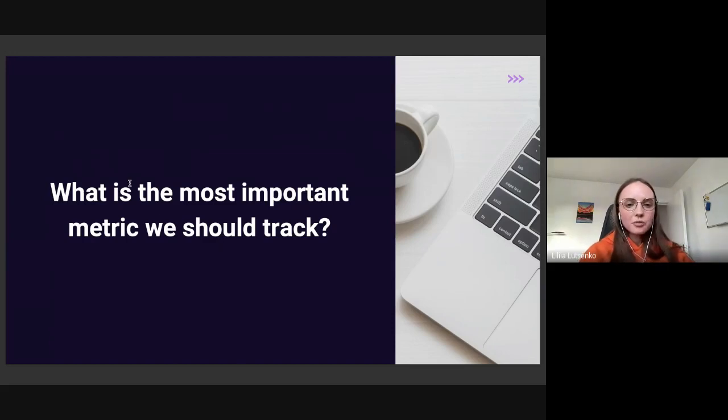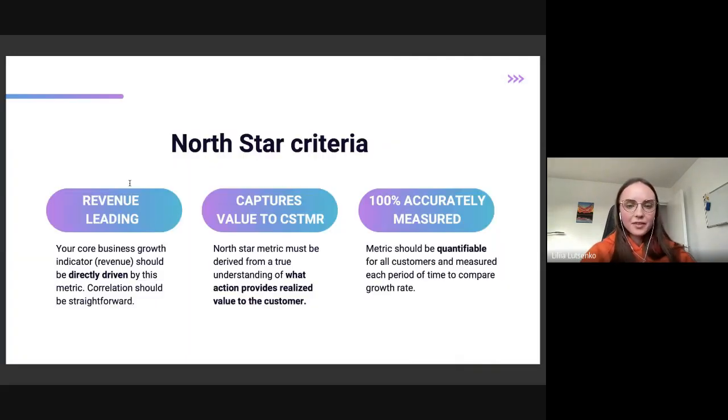So what's the most important metric we should track? The most important metric is sometimes called the North Star metric. What should our North Star be is a very interesting question.